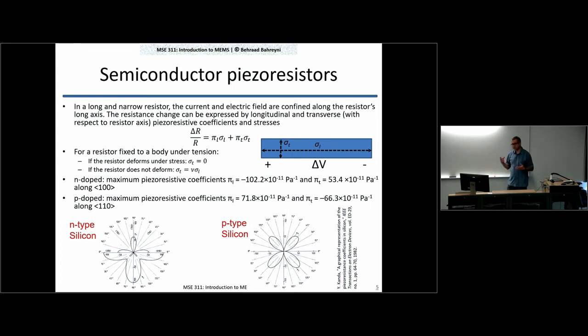So the numbers seem small, right? So let's say 100 times 10 to the minus 11 pascals. It means that if you apply 1 megapascal of pressure to this resistor, the change in resistance is going to be 100 times 10 to the minus 5, or to put it another way, 1,000 ppm, or 0.1%.